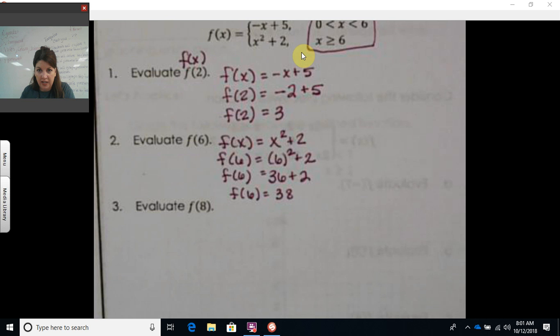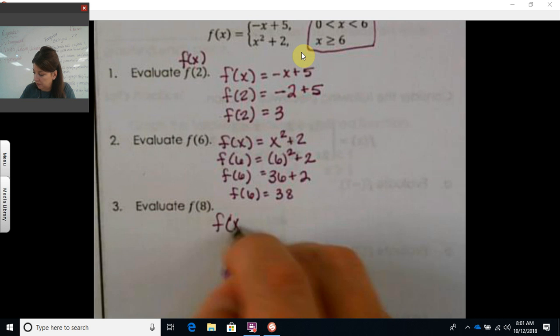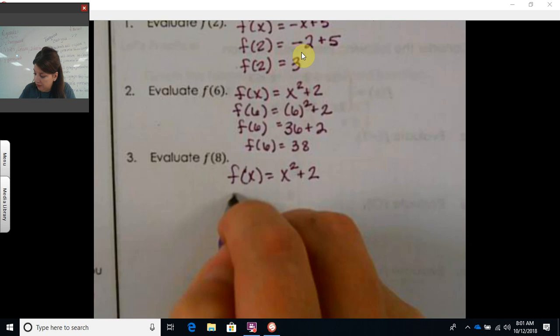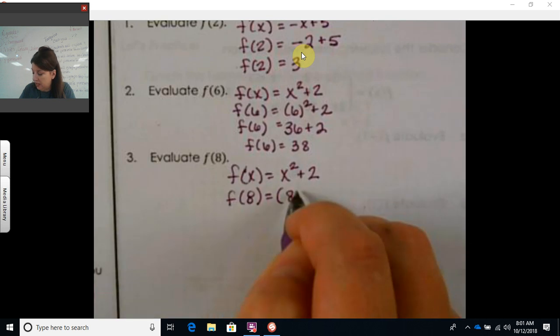What would I use to evaluate f of 8? The bottom one. So I'm evaluating f of 8. Wherever I see an x, I'll substitute in an 8.